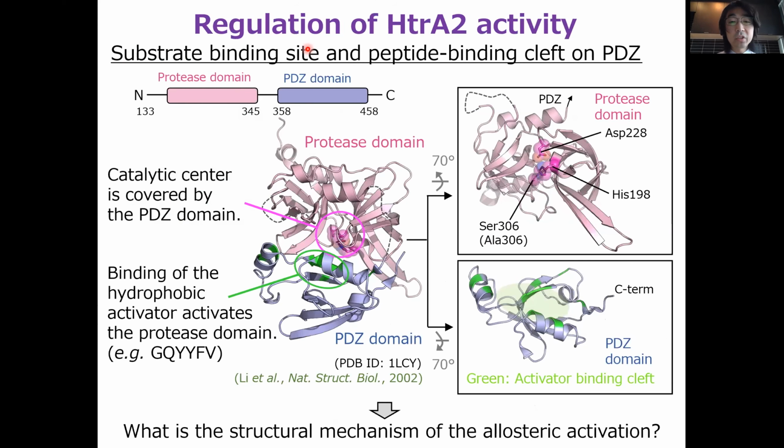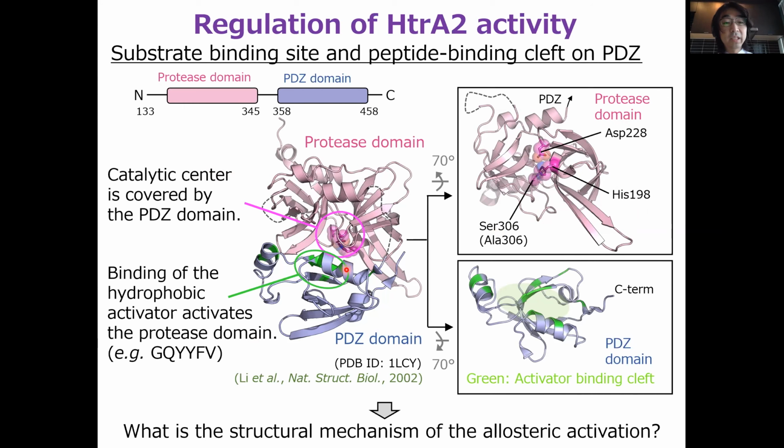In this slide, the structure of the monomeric subunit is close up. The catalytic center at the protease domain is formed by these aspartate, histidine, and serine residues, and this catalytic triad is covered by this blue PDZ domain in the crystal structure. Therefore, this structure is thought to represent an inactive conformation.